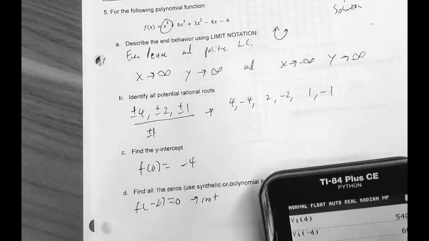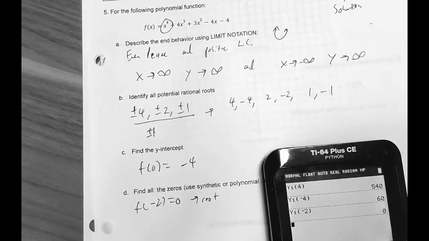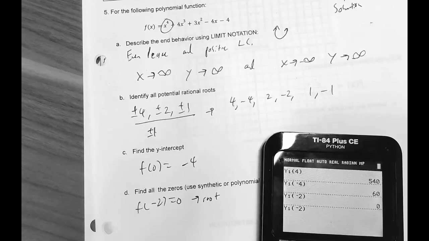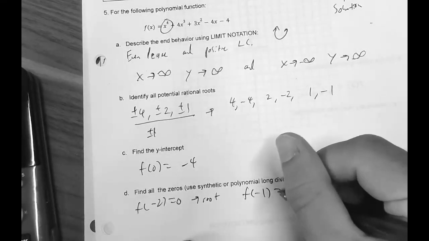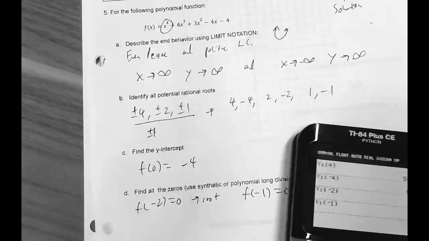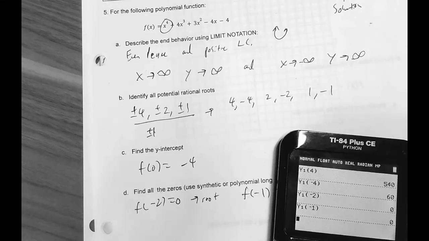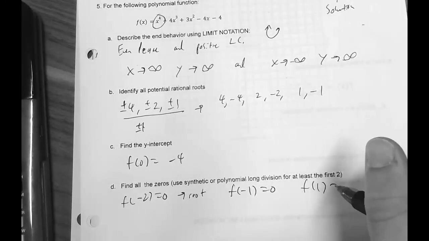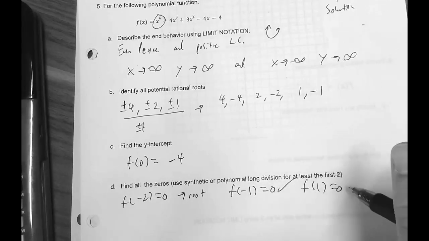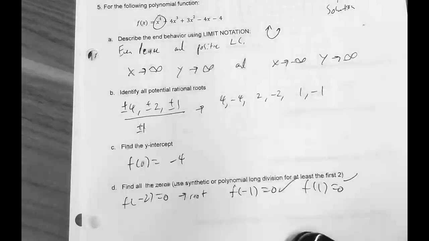Let's keep going and test the other values. -1 is also a 0. And we had one more. So just 1, and f of 1 is also a 0. So by testing this, I can verify, okay, these 3 are all roots.